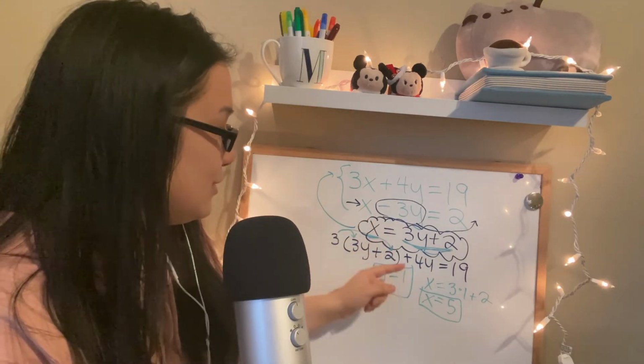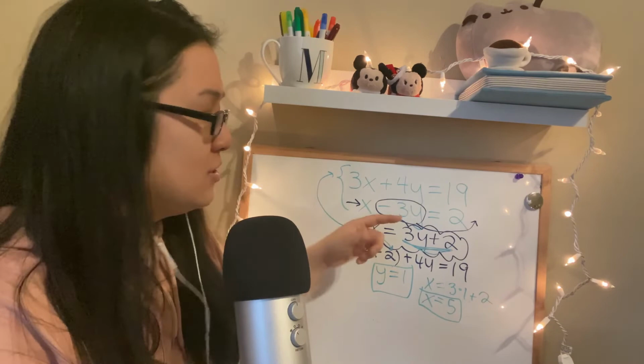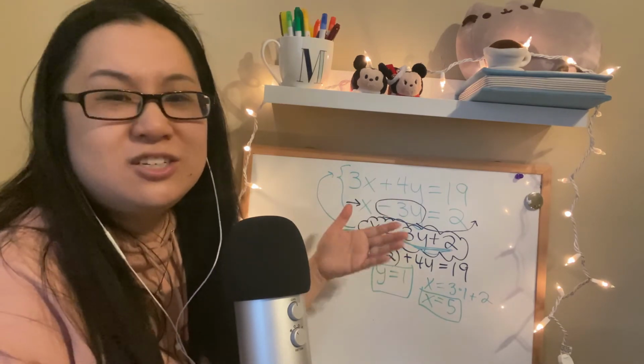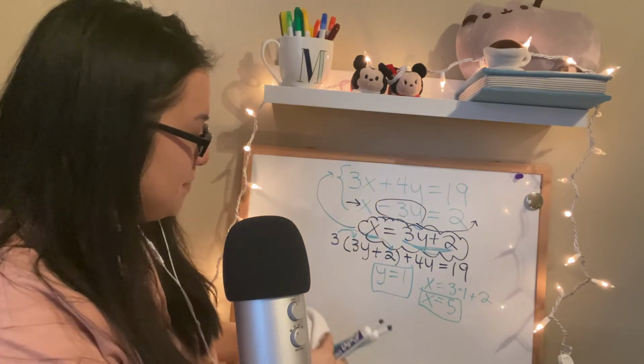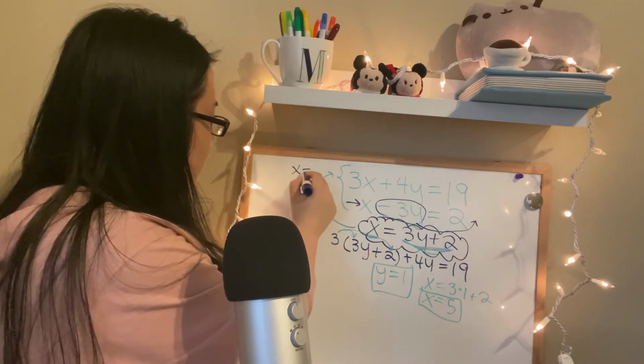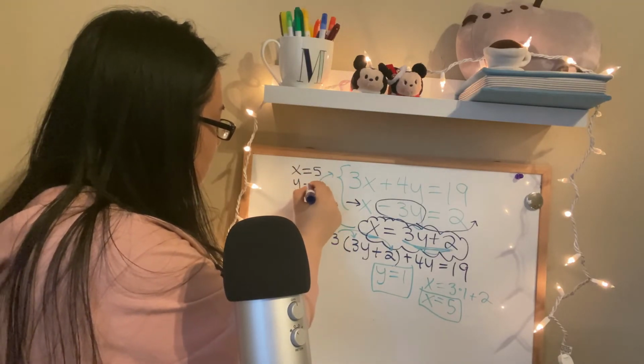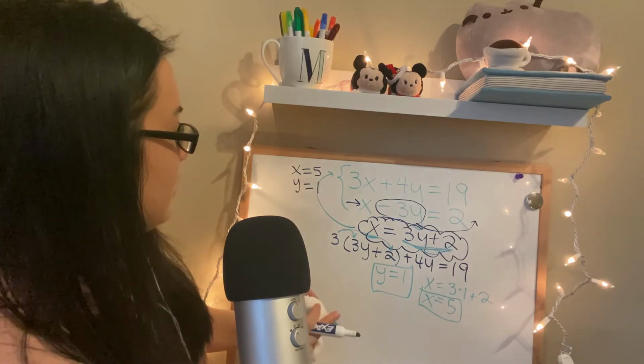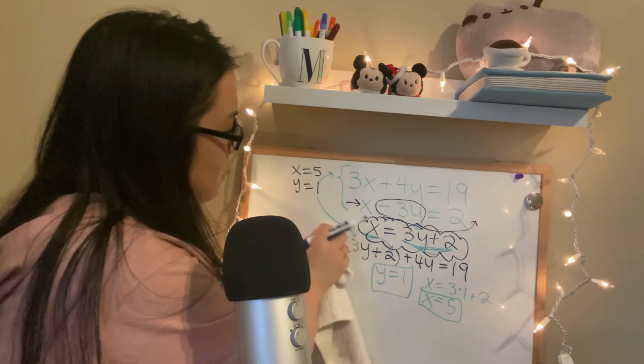So it's nice to check both original equations at the very end, okay? Good. So we have x equals 5 and y equals 1.